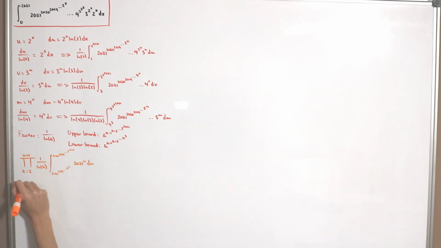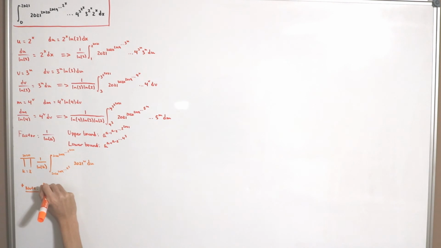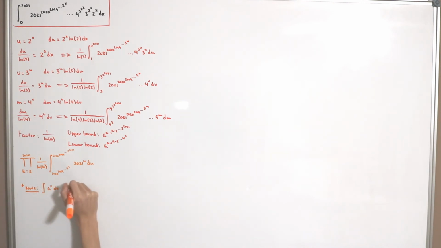We know that the integral of some constant a to the power x dx is simply equal to a to the power x divided by ln of a, plus c, just because this is an indefinite integral, but we have our bounds, so you don't need to worry about that.